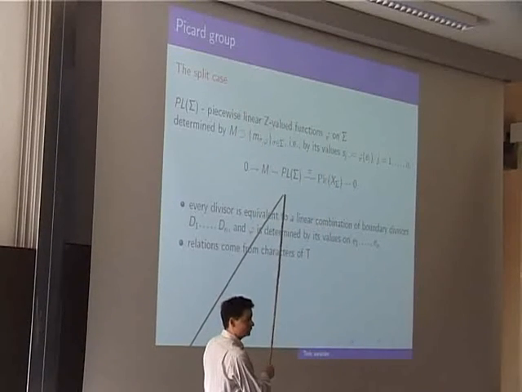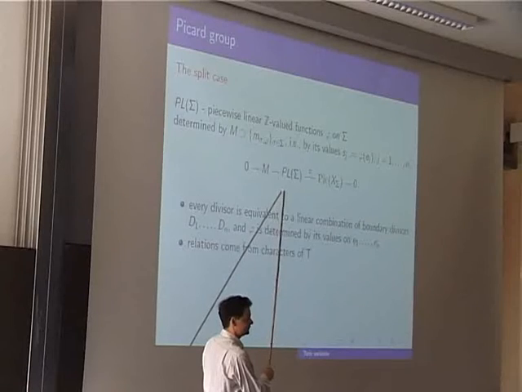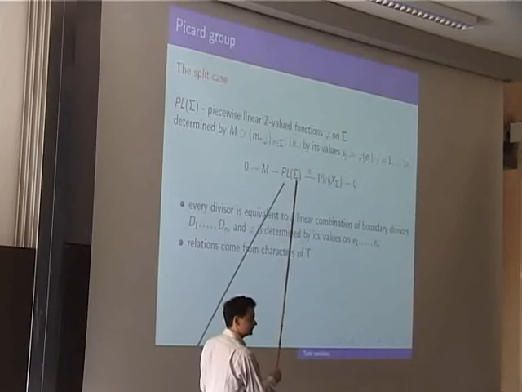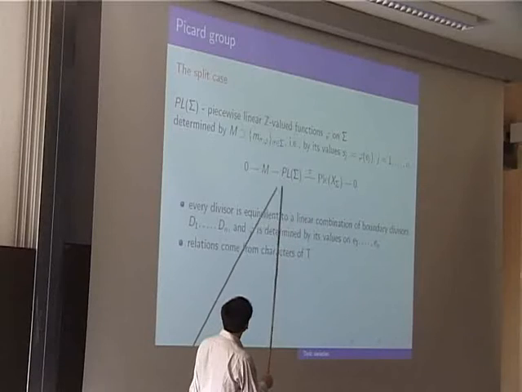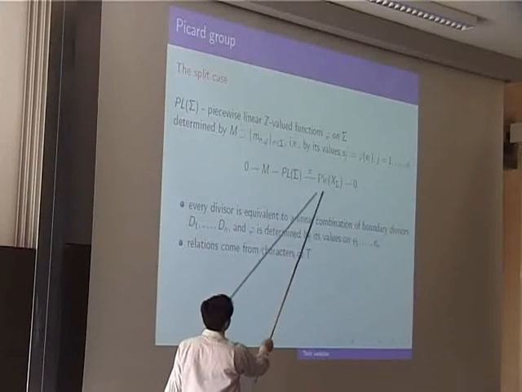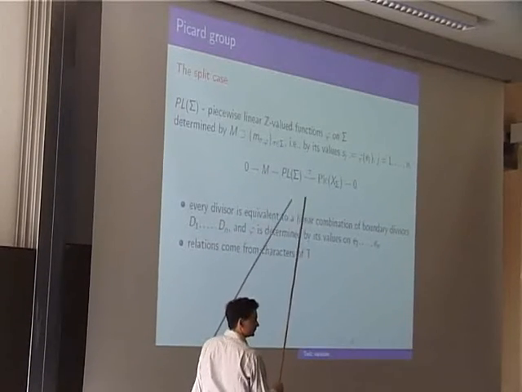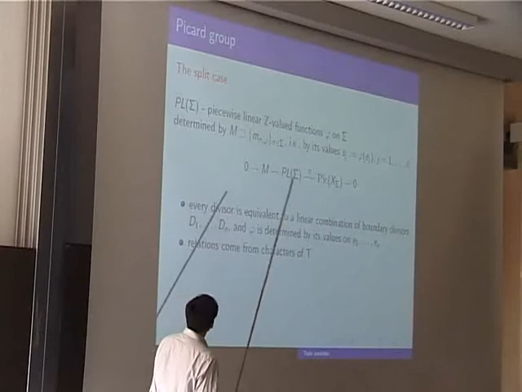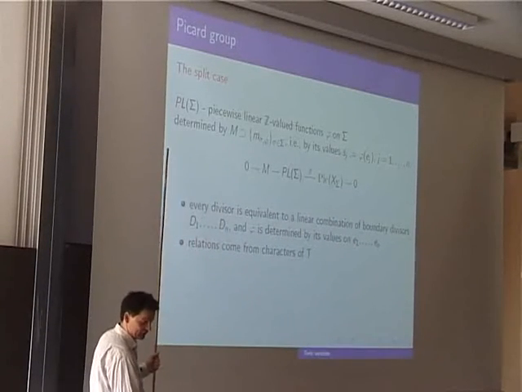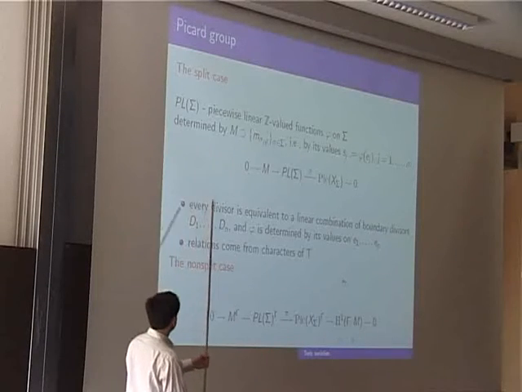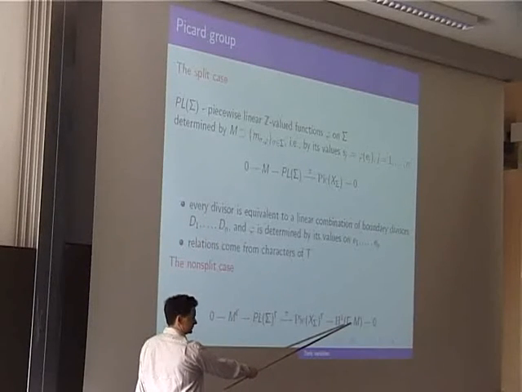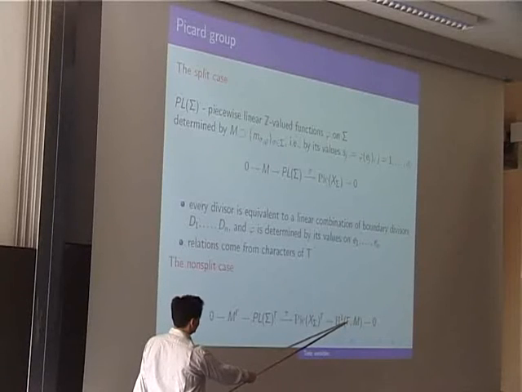It's just a sum of boundary components. But for reasons, you want to think of that as being a piecewise linear function. And the relations are the characters, and the Picard group is just the free group on boundary components modulo the relations. Now that's in the split case, and in the non-split case, well, you just have a gamma action on this whole thing, and when you take the gamma invariants, then you pick up an H1.